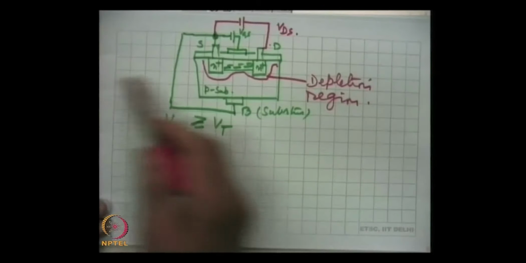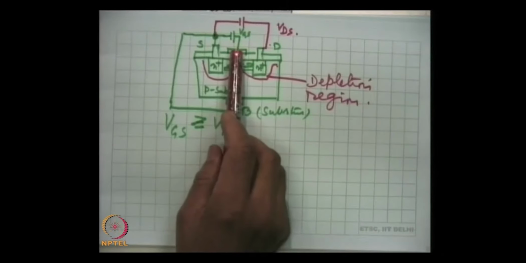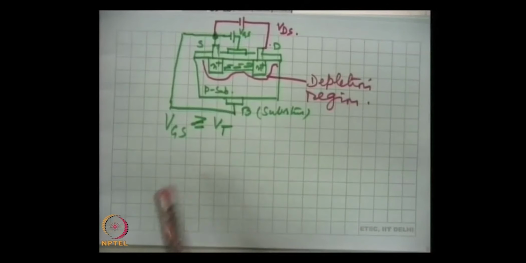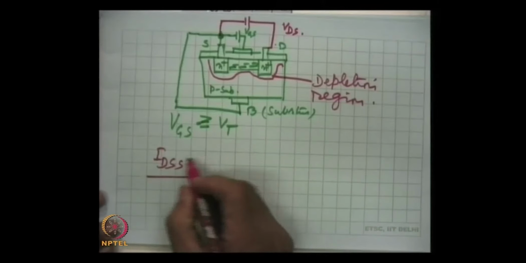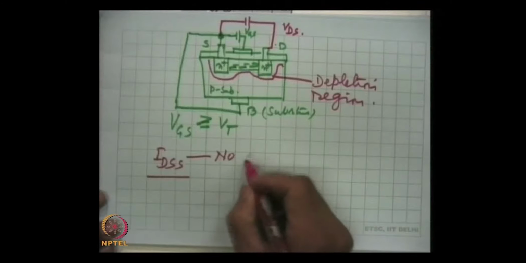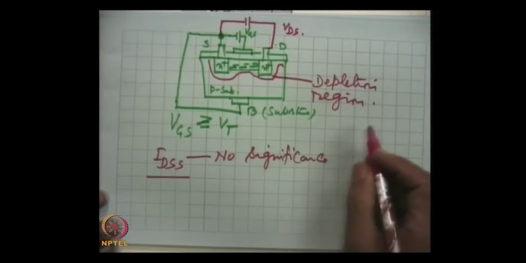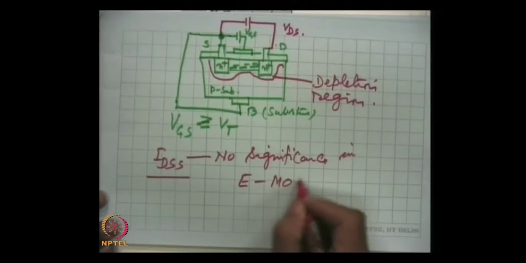So, the current will be a function of this voltage, and we will draw the characteristics, how the saturation will occur, and so on. So, in this device, obviously IDSS has no significance in the enhancement MOSFET.